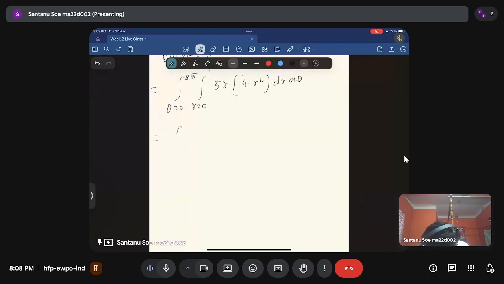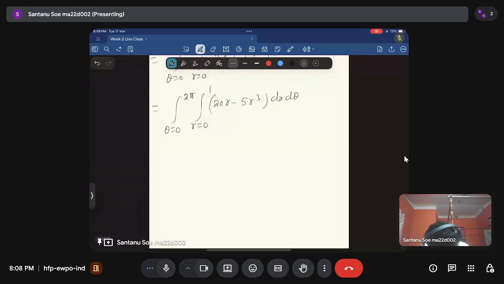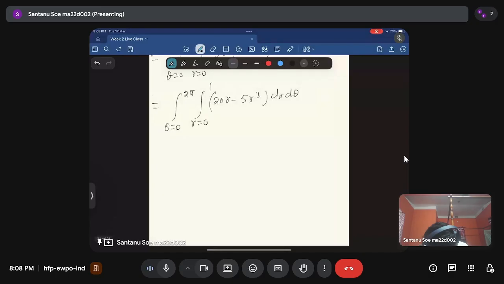So this is the same as theta from 0 to 2 pi and r from 0 to 1 of (20r minus 5r cube) dr d theta. So theta is 0 to 2 pi, and this is 10 r square minus 5 by 4 r to the power 4, from 0 to 1, d theta.